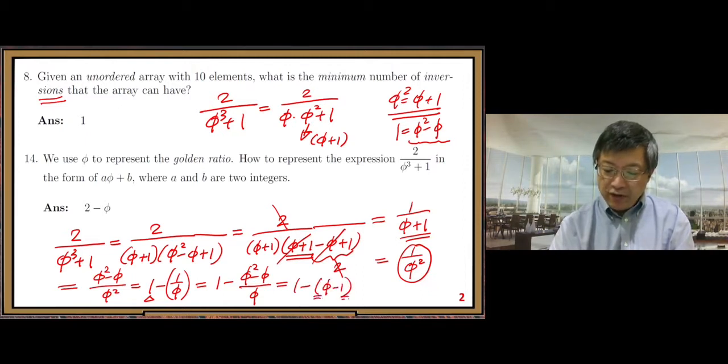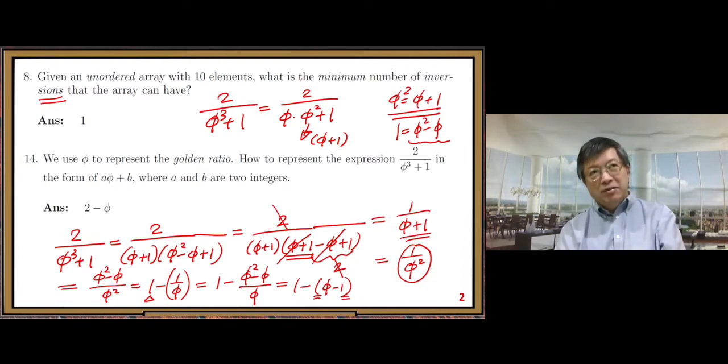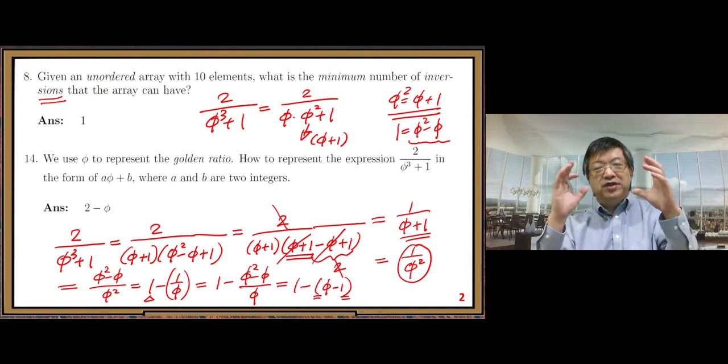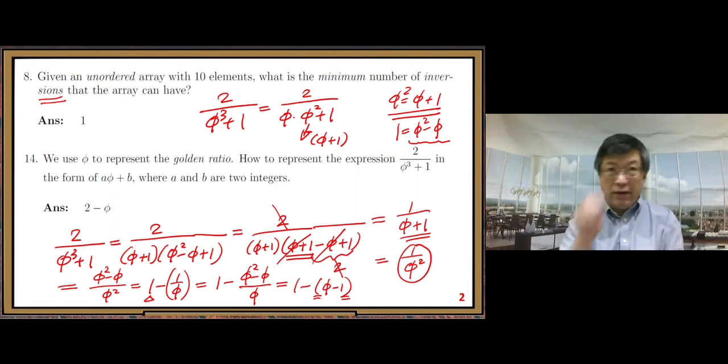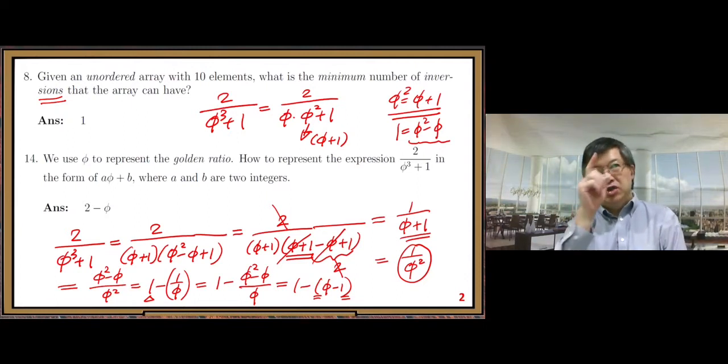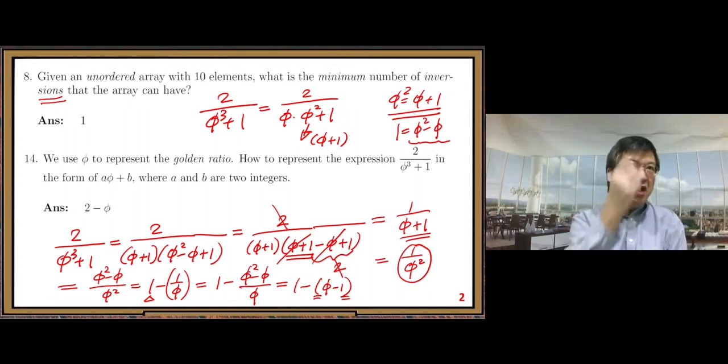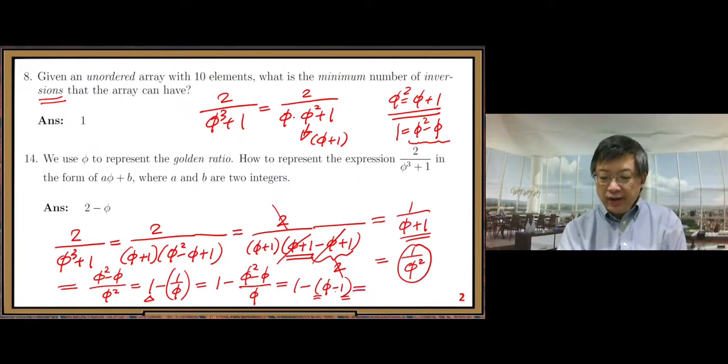Parenthesis. Don't forget those parentheses. Some students forgot to put that parenthesis. Then the last step, they lost 1 point. Several, I noticed. 3 or 4 students just missed one place, one sign. Otherwise, all correct. So the answer is 2 minus phi.